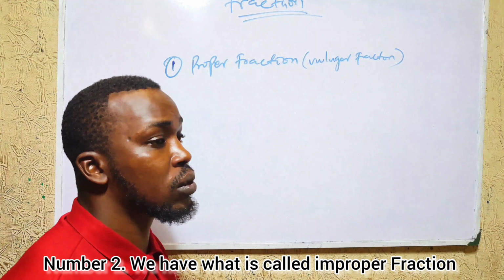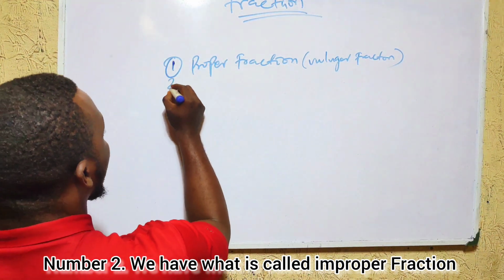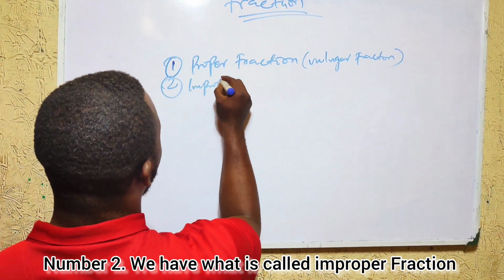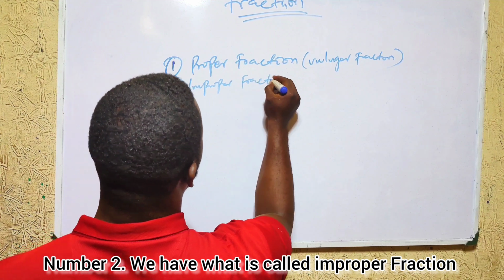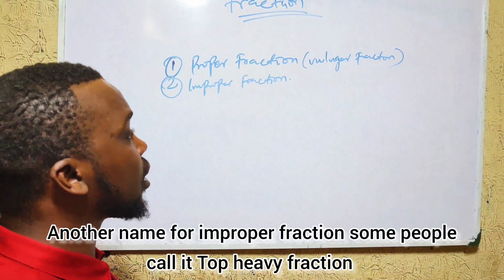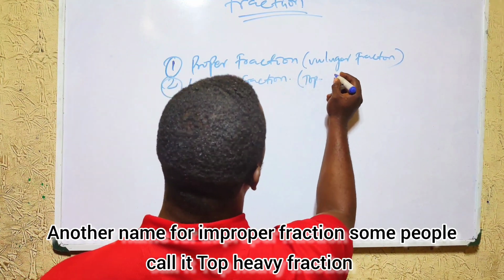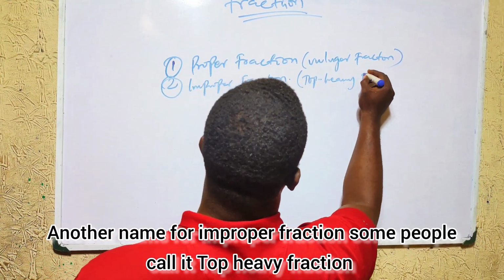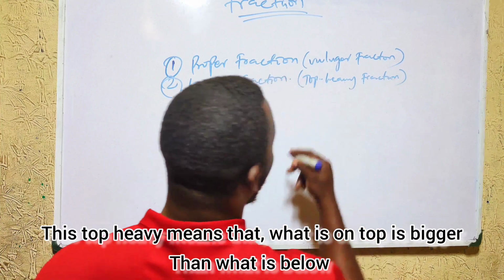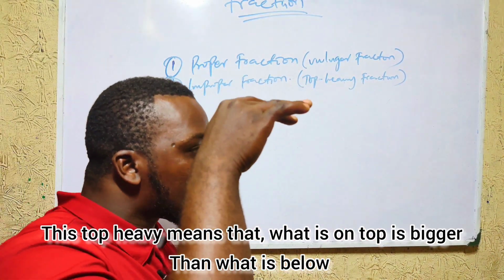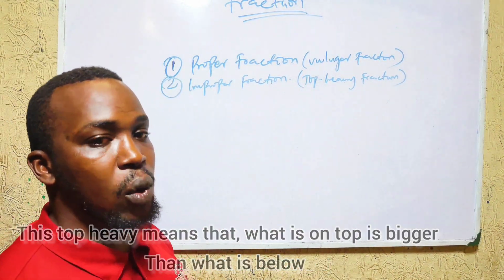Number 2, we have the improper fraction. Some people call it a top-heavy fraction. Top-heavy means that what is on top is bigger than what is below.